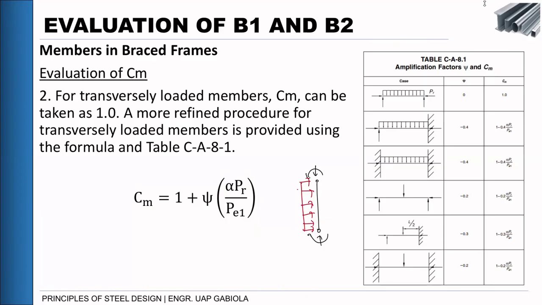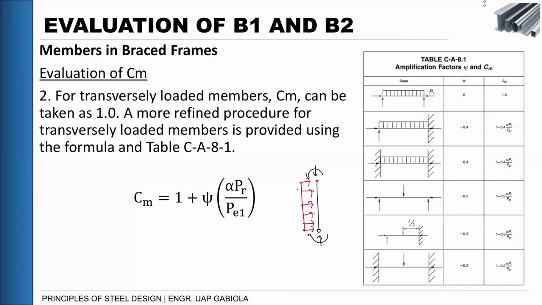So, halimbawa, like this one. So, halimbawa dito, ang section natin is may moment siya, may axial, tapos may shear siya dito. So, pwedeng ito yung condition natin. Okay? I-substitute yung value dito. And then, this will be the formula of CM.